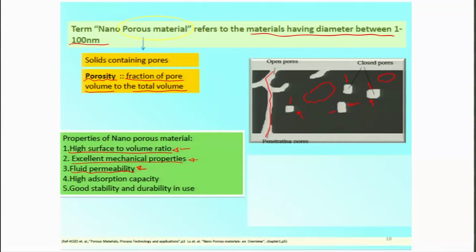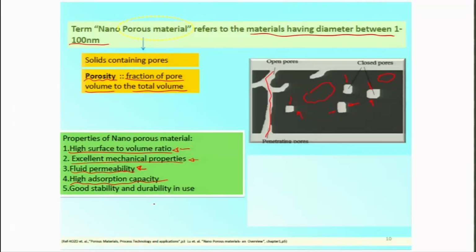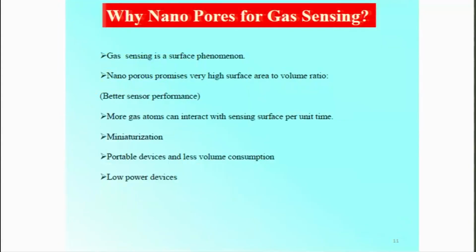A highly nanoporous material with open or closed structures of pores would lead to permeation of different gases through these, and so the proper desorption and absorption kinetics can happen, which makes the sensor very quick. There is high adsorption capacity and good stability and durability in use of these nanomaterials. So, this is how the nanoporous materials are.